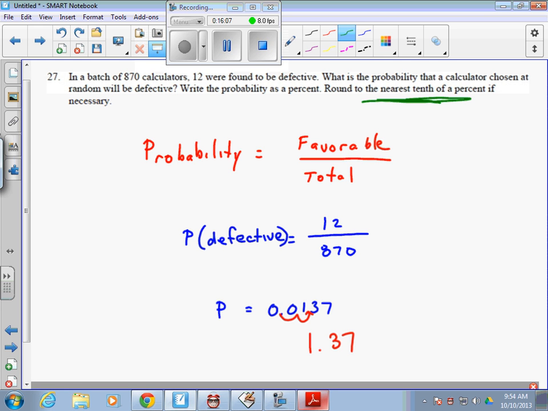So we don't want it to go any one past this one, but we have to look to the number after 3 in order to determine if 3 goes up to 4 or if it stays the same. Remember, if it was larger than 5 or 5, it would go up. 7 is larger than 5. Had it been small, it would stay the same. So the probability of pulling a defective calculator would be 1.4%. Because you would round it up to the next one, 1.4%.